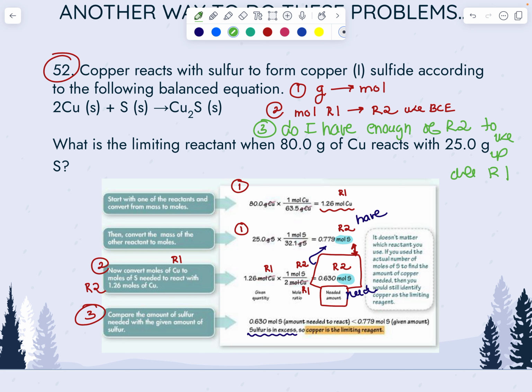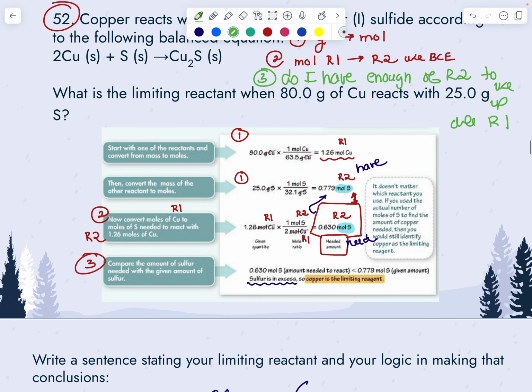So you're comparing how much you need versus how much you have. Okay? So that's what you're going to think in your head. In this case over here, the needed was less than what you have. Then reactant 1 is the limiting reactant.